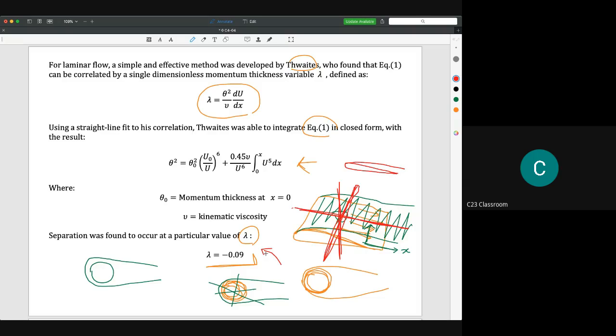So it modifies the Blasius, because Blasius is only suitable for laminar flow on a thin flat plate, and then they modify it into a wedge, meaning when the boundary layers occur not in parallel with the free stream velocity, and also when the boundary layers start to separate from the surface.